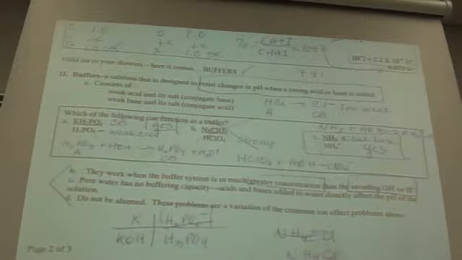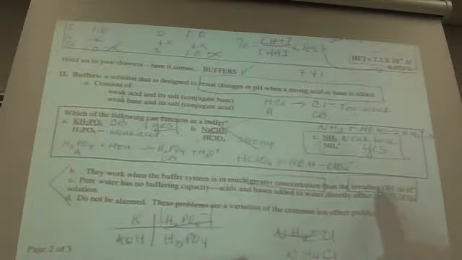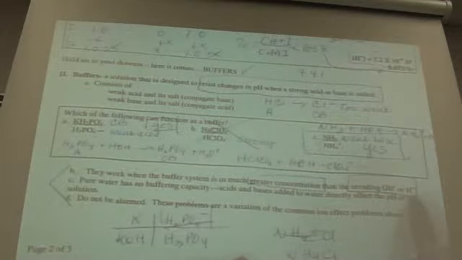What that means is you need an overwhelming amount of buffer to take care of a relatively small amount of strong acid or strong base.